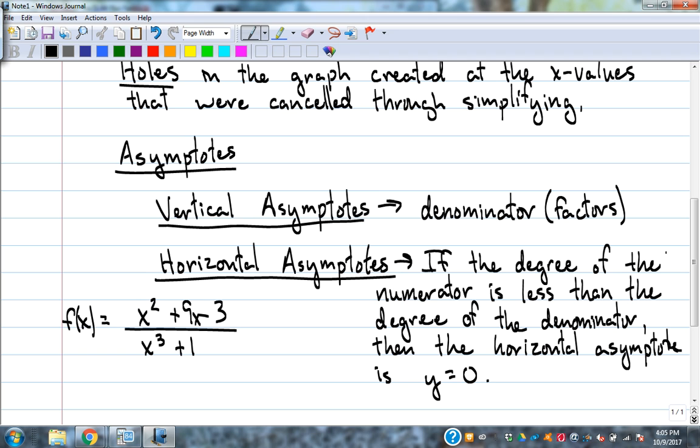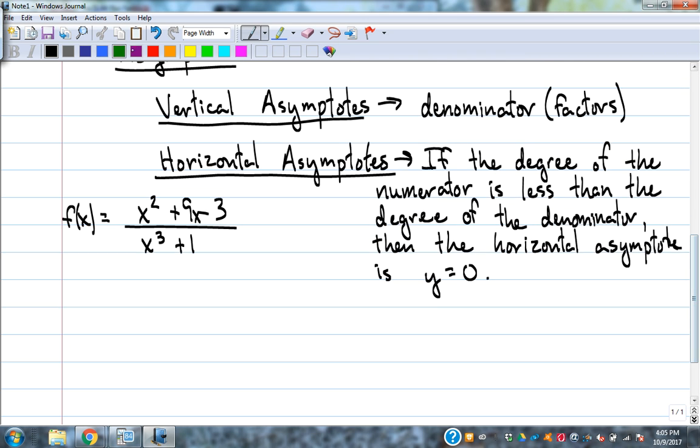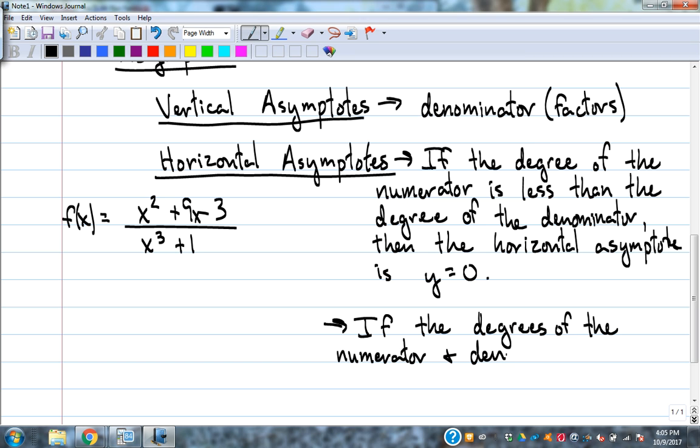So another case for a horizontal asymptote is if the degrees of the numerator and denominator are equal.